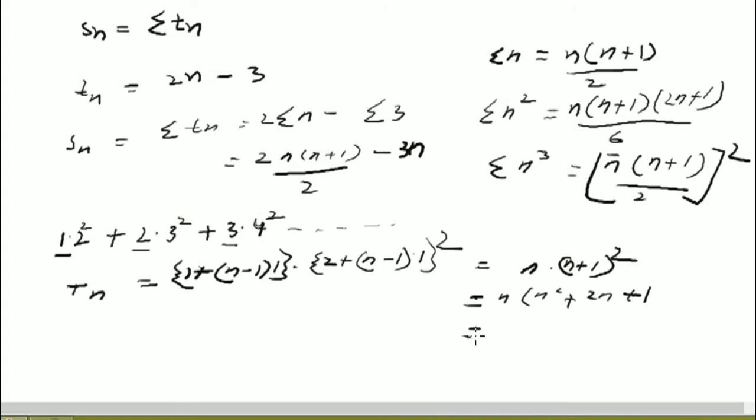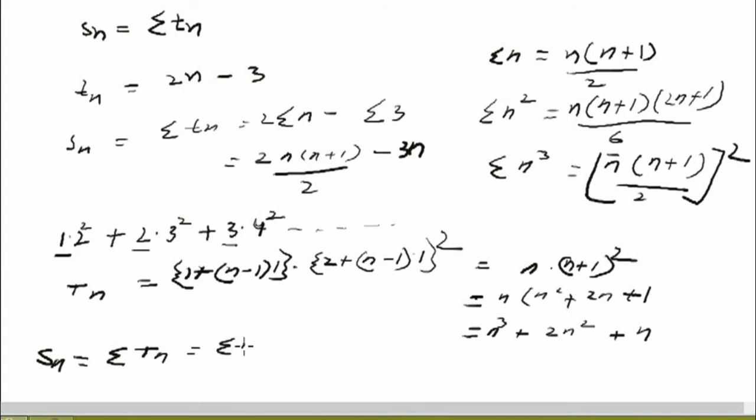Now we can find Sn easily. Sn is what? Summation of Tn. So we'll write summation of Tn, which is summation n cube plus 2, we can take outside, summation n square plus summation n. We know the formulas of summation n cube, summation n square, summation n.